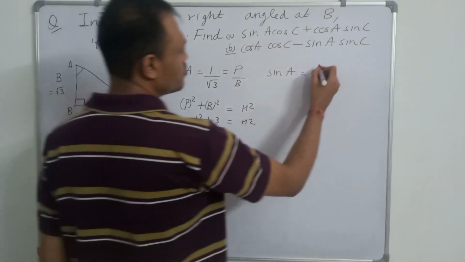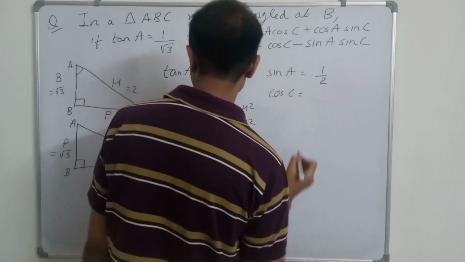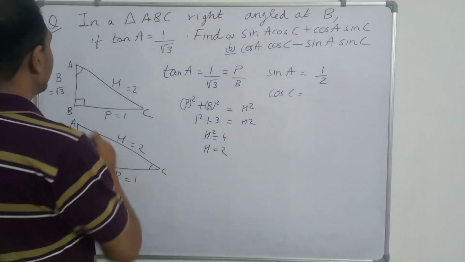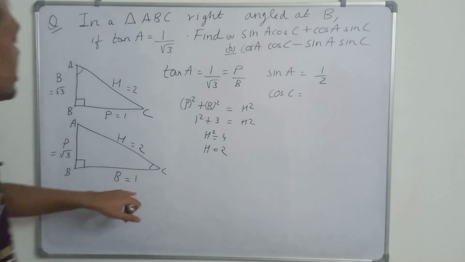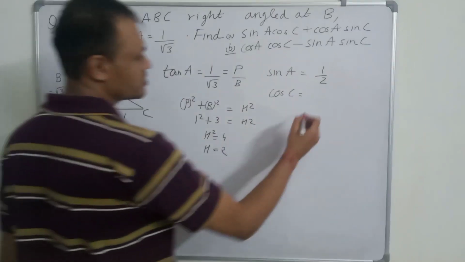So 1 upon 2. Cos C will be equal to base upon hypotenuse. For cos C, this is the base. So 1 upon 2.